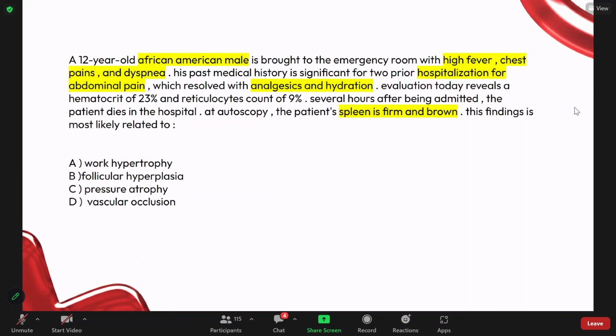At autopsy, the patient's spleen is firm and brown. This finding is most likely related to work hypertrophy, follicular hyperplasia, pressure atrophy, or vascular occlusion. Vascular occlusion. Yes.